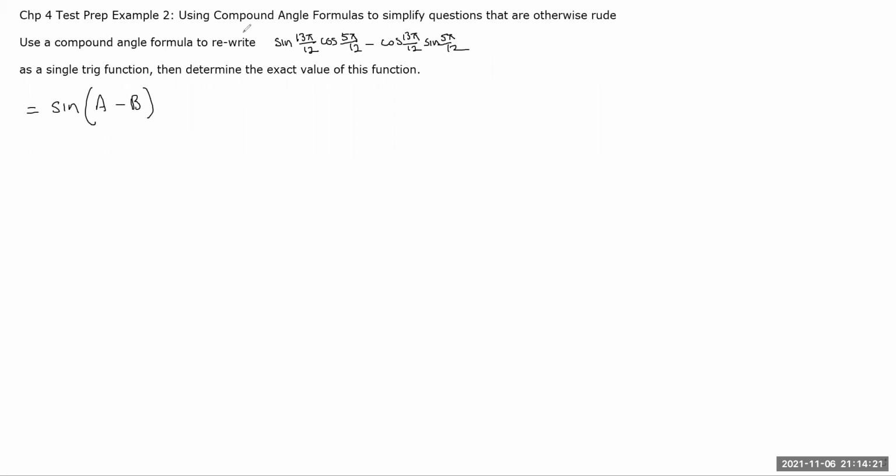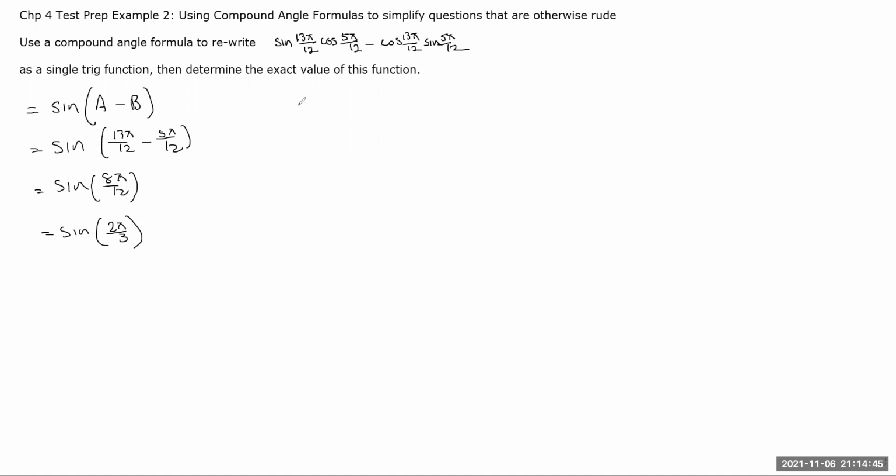In other words, this is equivalent to, if you didn't know, you should know, 13 pi over 12 minus 5 pi over 12. And if you work that out, this is actually equal to sine 8 pi over 12, or sine of 2 pi over 3. And that angle might seem a little familiar to you.